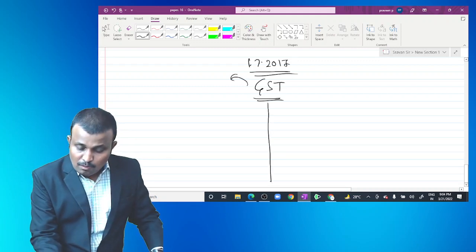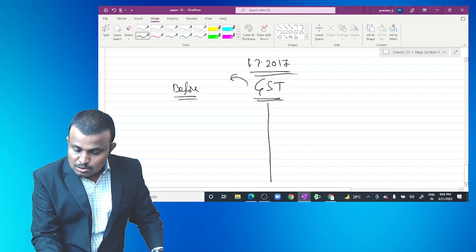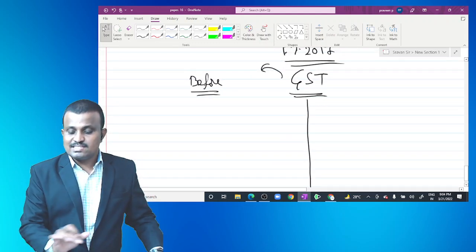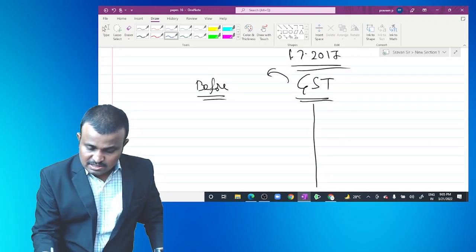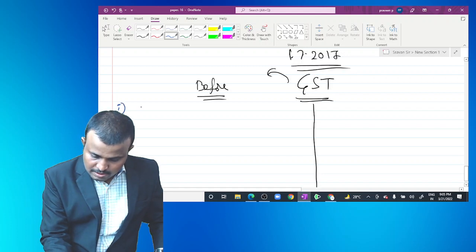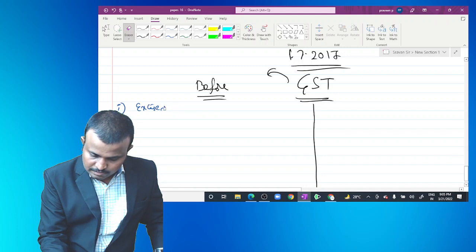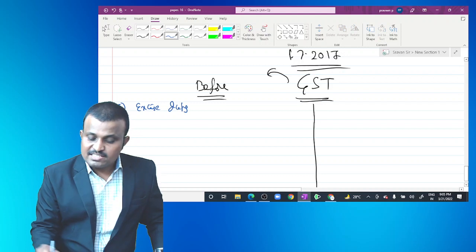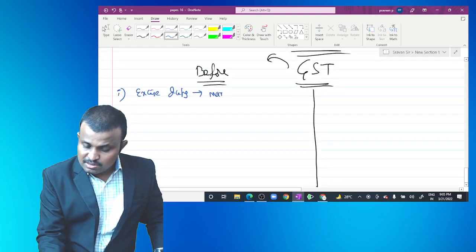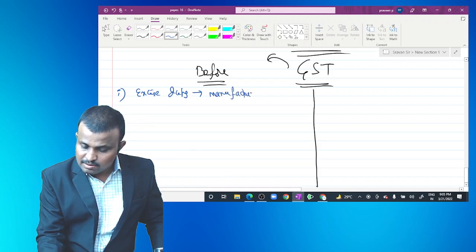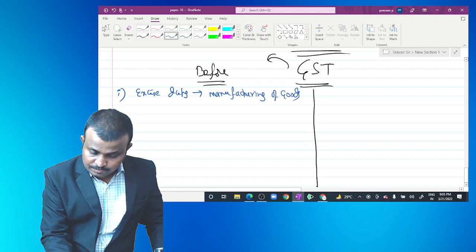Before 1/7/2017, which taxes are there? The first one is excise duty, which is levied based on manufacturing of goods in India.